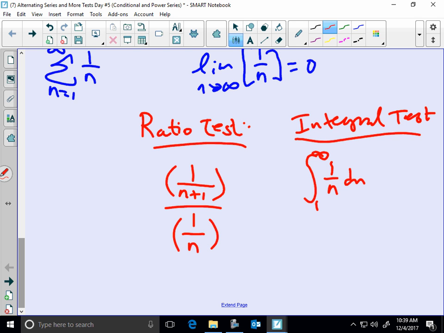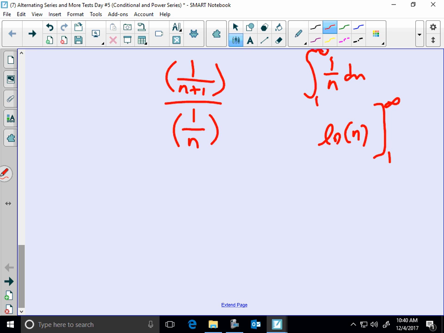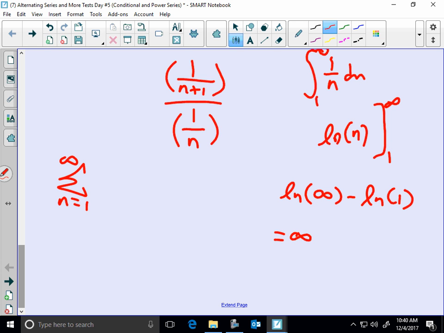What's the integral of 1 over n dn? Natural log of n from 1 to infinity. Oh, we have to do some improper integration here. That will be the natural log of infinity minus the natural log of 1, and therefore that will be infinity. Therefore, what happens to this series? It's divergent.